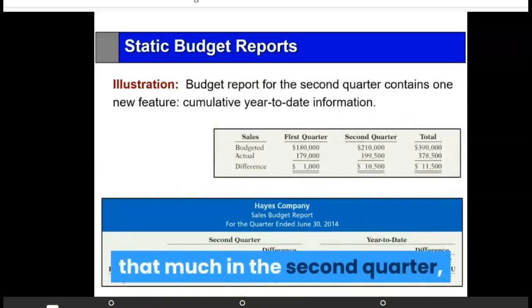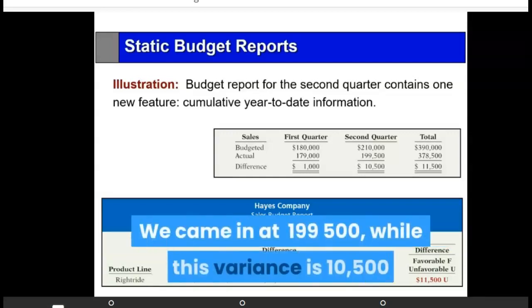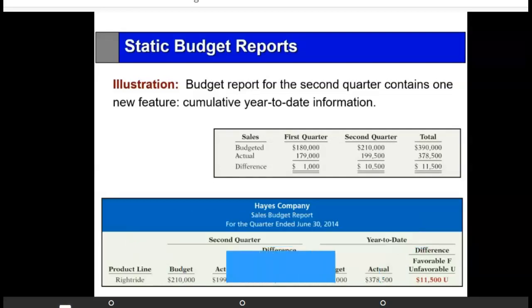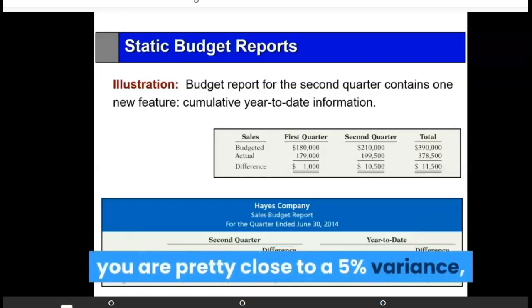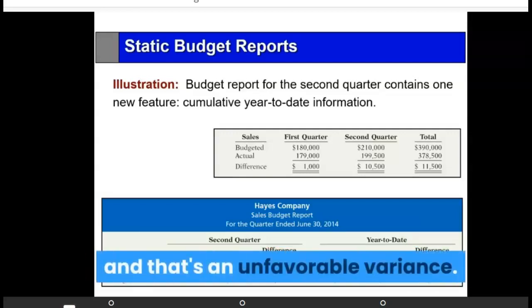In the second quarter, though, when we look at it, we had a budget goal of 210. We came in at 199.5. Well, this variance is 10,500. And if you take 10,500 as a percentage of 210, you are pretty close to a 5% variance, and that's an unfavorable variance.